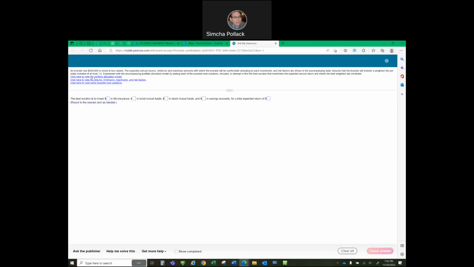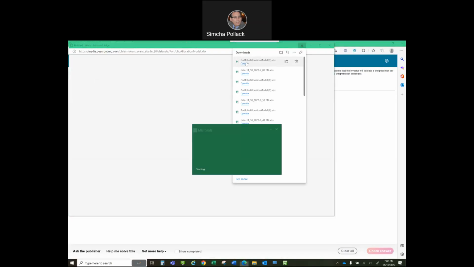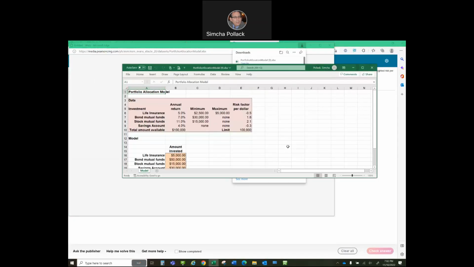Okay, so here is the Excel file that gives you the basic idea of the problem. Each problem is going to have different returns, different maximums and minimums, different risk factors, but they're going to follow the same format. So, for example, we have four possible investments, and we have a certain amount of money that will change from example to example.